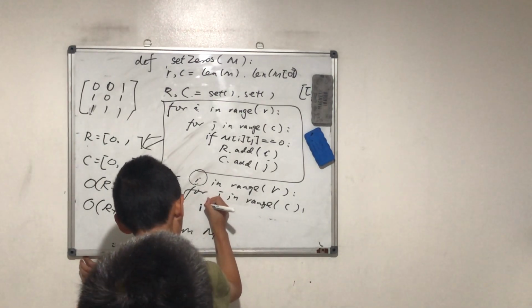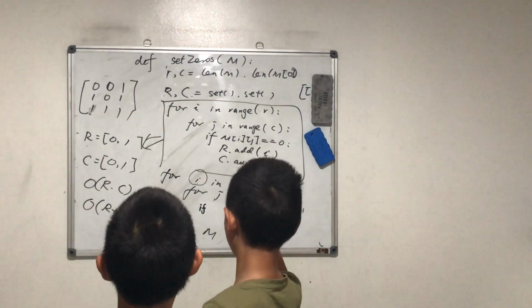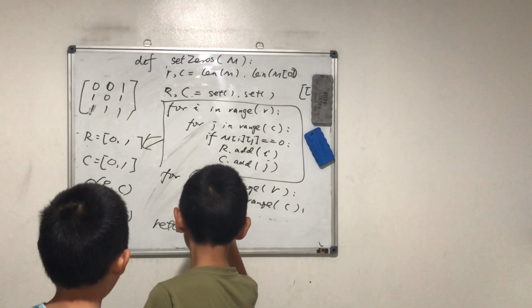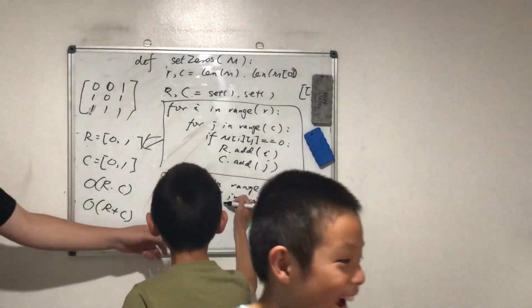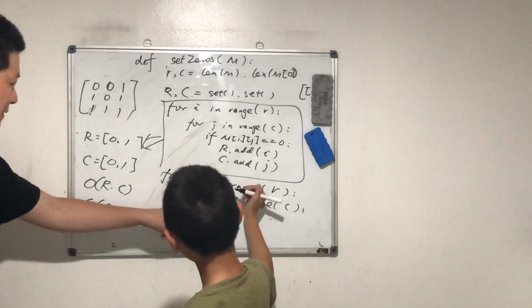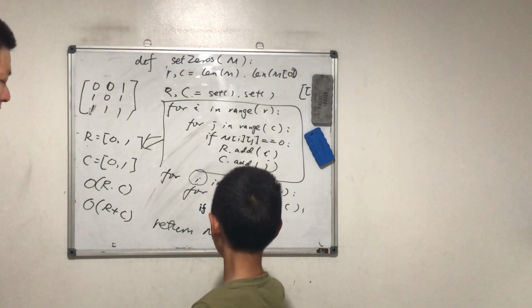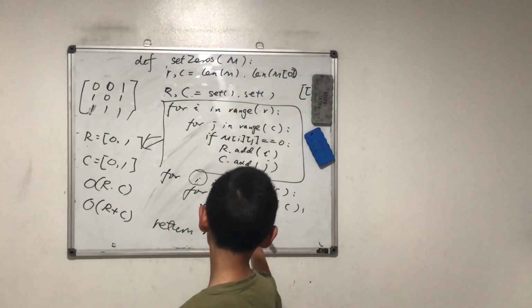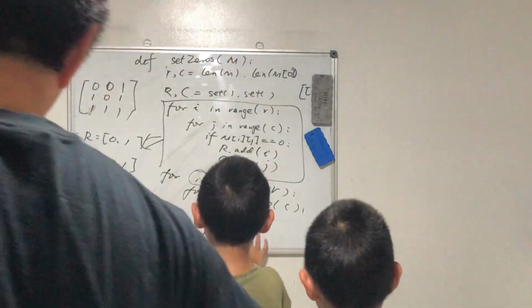If I is the row, and we want to check if this is in what? If I in R, or J in C.